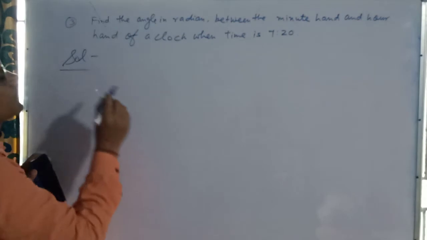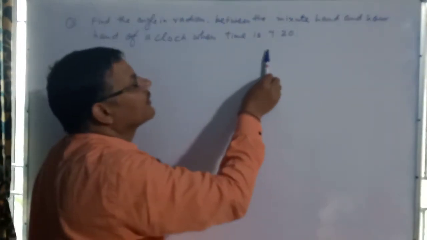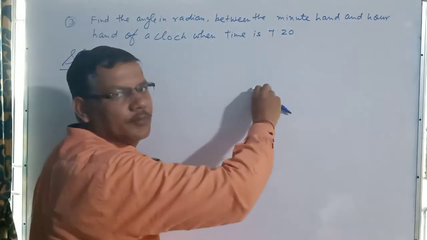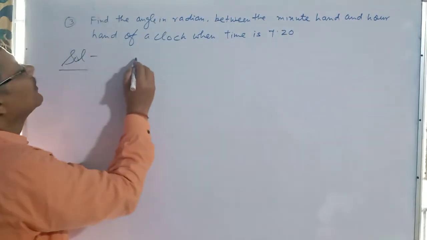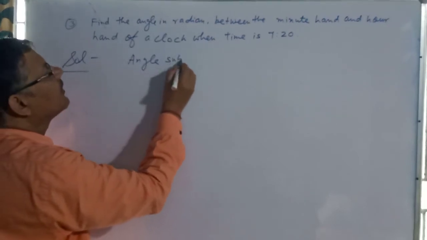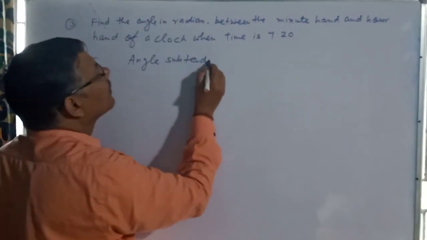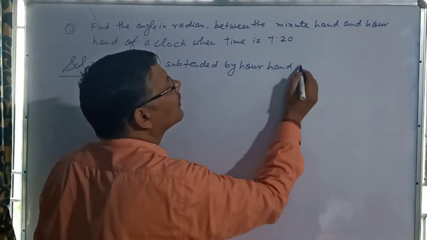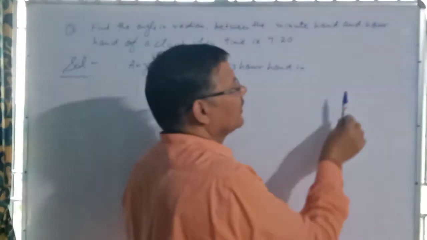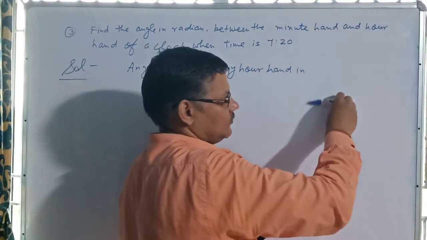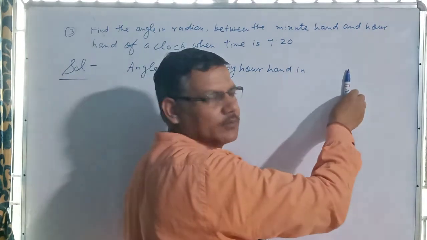So first of all, we find the angle subtended by the hour hand, then we find the angle subtended by the minute hand. Angle subtended by the hour hand: the hour hand starts from here and moves. How many hours? 12 hours.